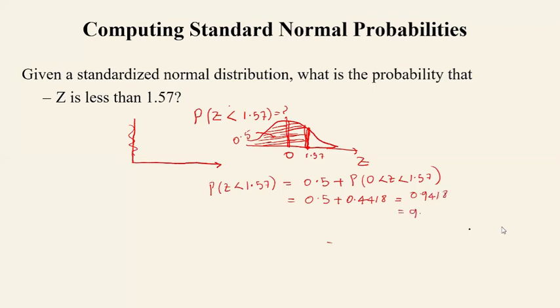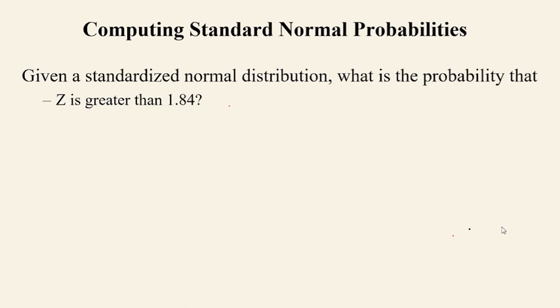That is 94.18%. Right? This is the probability. So the probability that z is less than 1.57 is 94.18%. Similarly, given a standardized normal distribution, what is the probability that z is greater than 1.84?